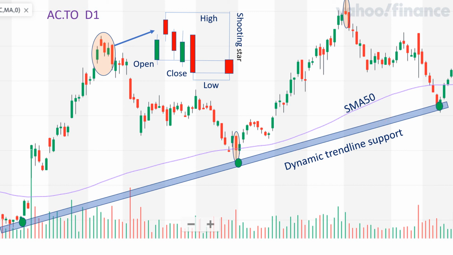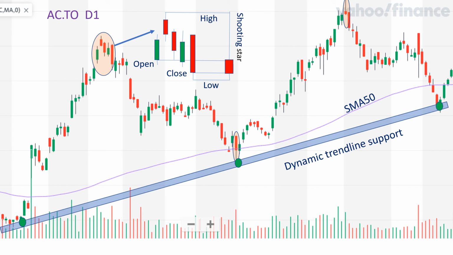So the main thing is, first you have your price trend, and then you have to install your moving average in order to see the direction of the trend. Second, you put your barriers.